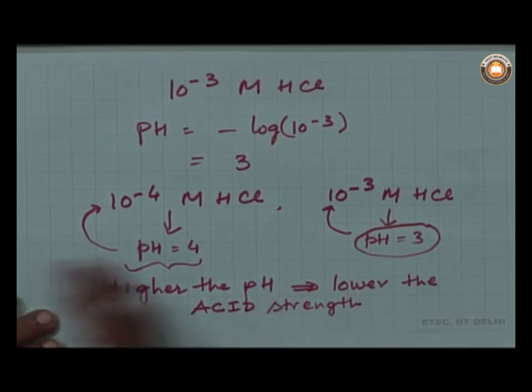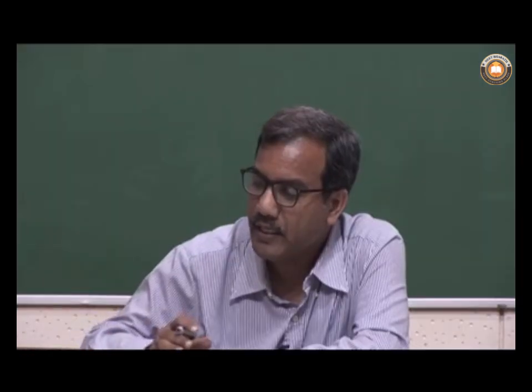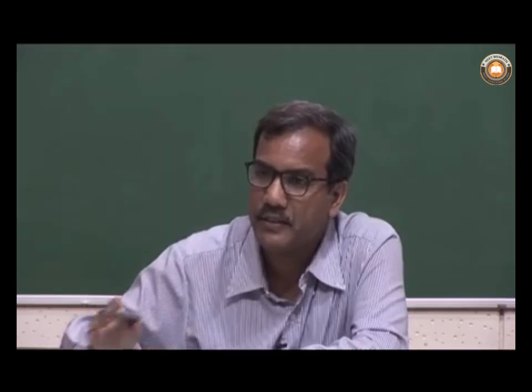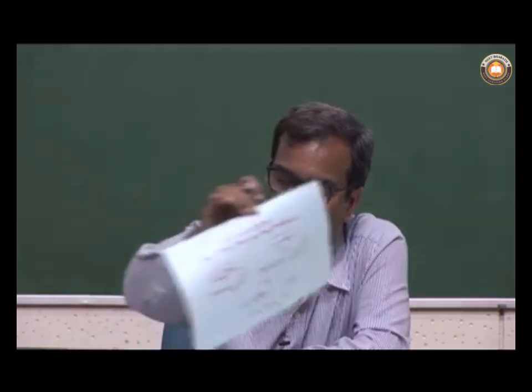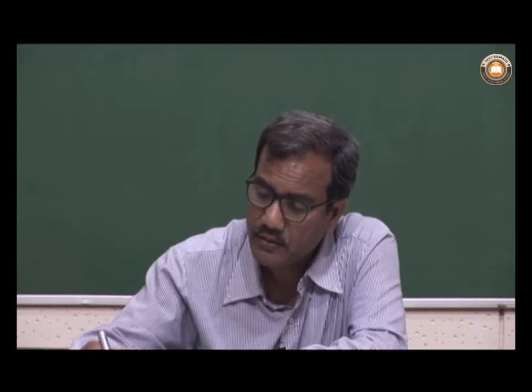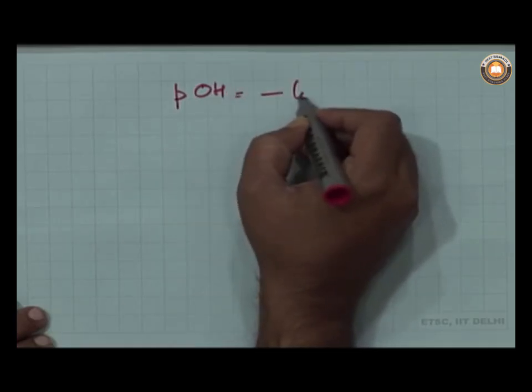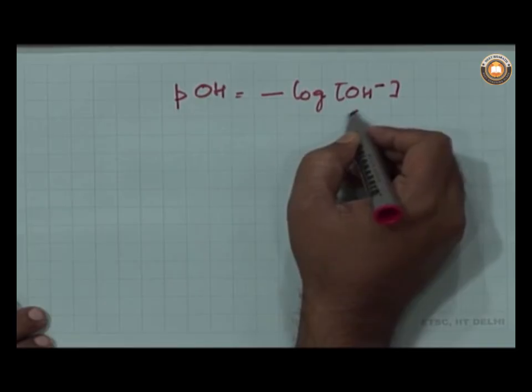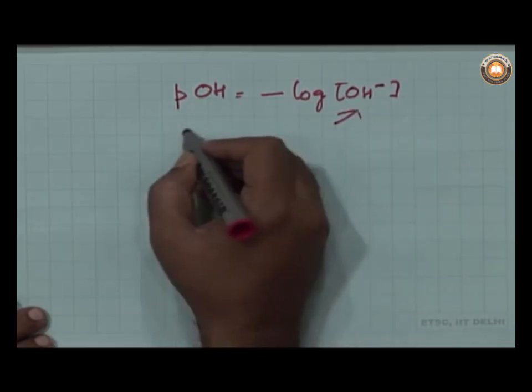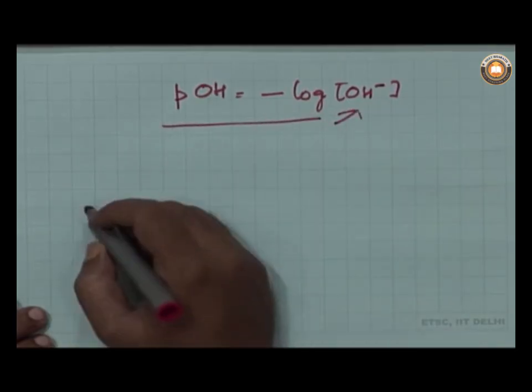As we go towards higher pH, H plus ion concentration decreases, and so you have lower acidity. Similarly, we can calculate pOH, and pOH is equal to minus log OH minus ion concentration. This is only valid when we have a dilute solution.